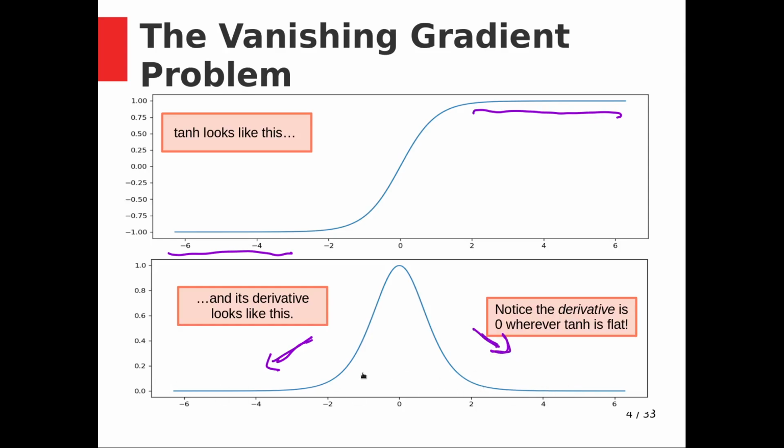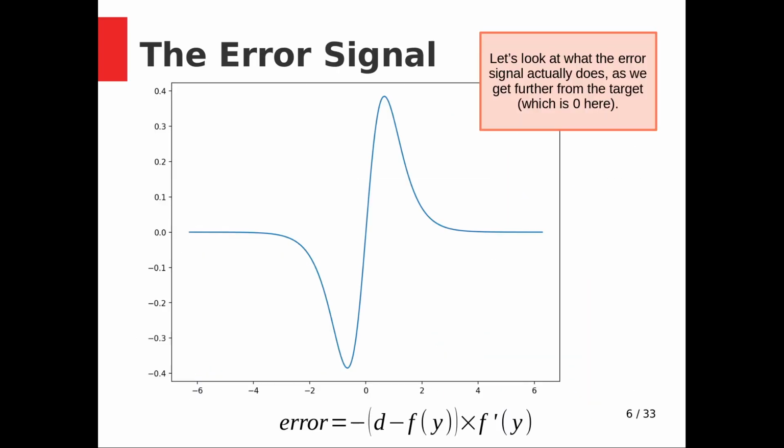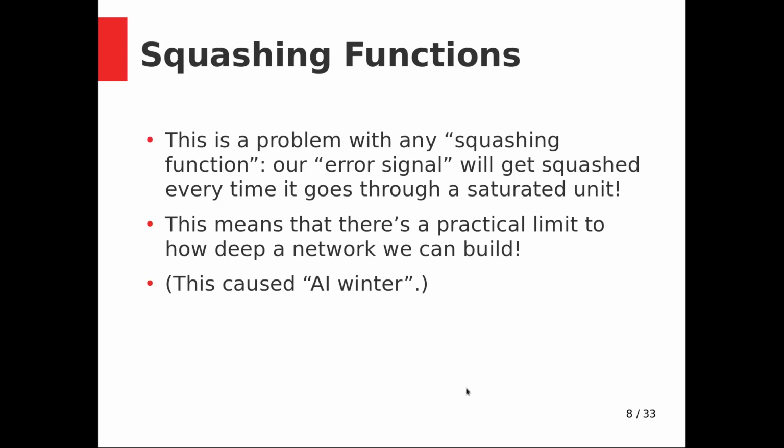These are regions where the error signal will get suppressed. Any sort of S-shaped curve that has these flat bits is going to have these regions of 0 where your gradient will get swallowed, right? So any S-shaped curve is going to have this problem, right? So that means there's a practical limit to how deep of a network we can build, okay?